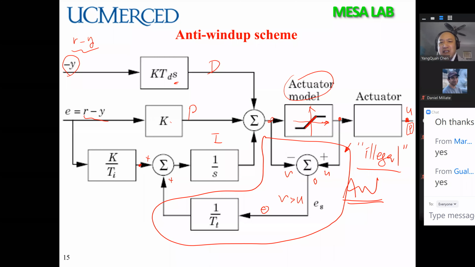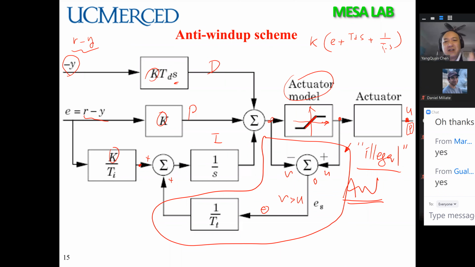So r minus y is my e. So this is also k, k, k. Okay, so I have the parallel form, you have k times e plus T_D s plus 1 over T_I s. So T_I is the integration time constant, and T_D is the differentiation time constant.